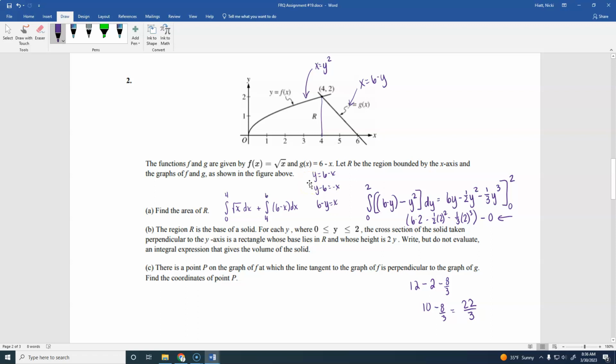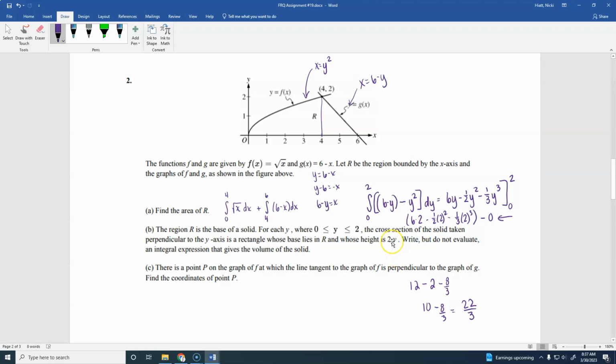All right, so if we take that region, we're going to do cross sections of the solid taken perpendicular to the y-axis that are rectangles whose base lies in R and whose height is 2y. Notice it's not 2 times its width, it's 2 times y, the y coordinate.